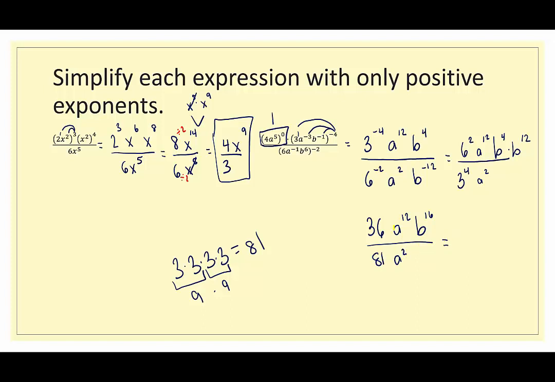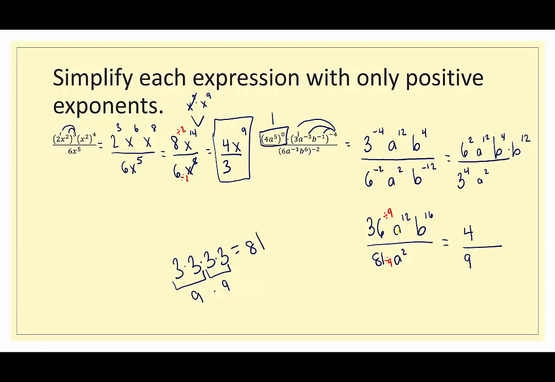Okay, so now I'm going to think about 36 and 81. Well, they're both divisible by 9. So I'm going to divide both 36 and 81, right? We don't subtract those. We divide them by dividing out a common factor. 36 divided by 9 is 4. And 81 divided by 9 is 9.